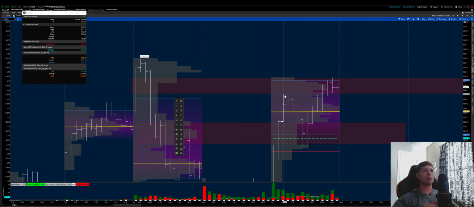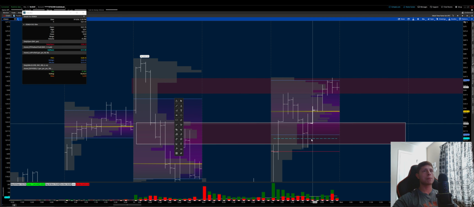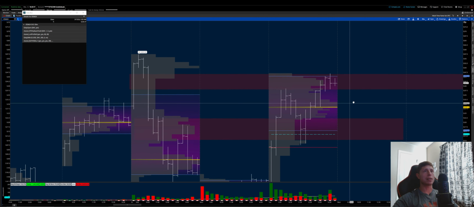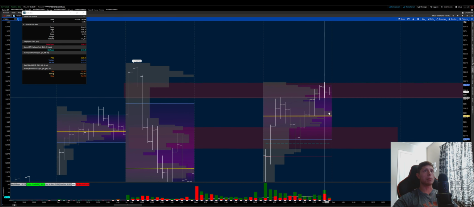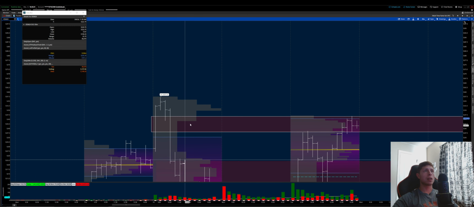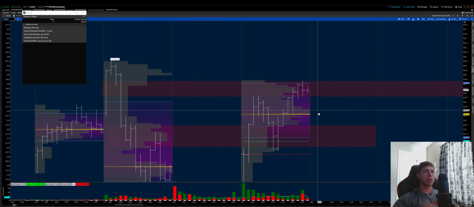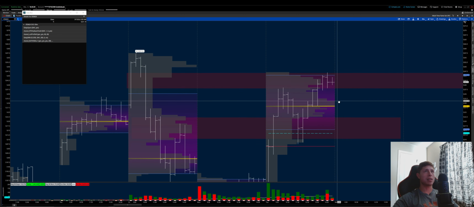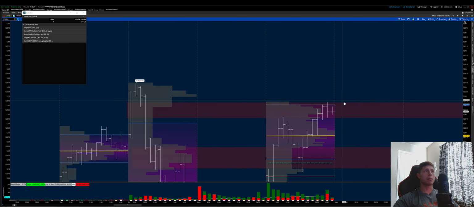So the first few times we were up here, we had a little bit of trouble, rolled over, found buyers above the open, had an afternoon pullback low, rotated up, went back to pressing towards the highs, closing at the highs for the day, but still struggling above 52.44.25. So going forward tomorrow, that will be what I'm looking to see, how we react above it.